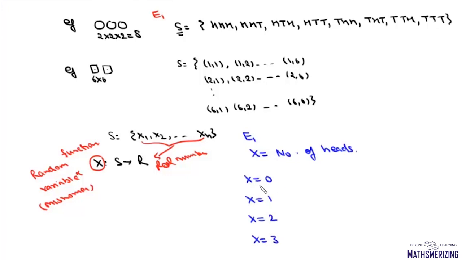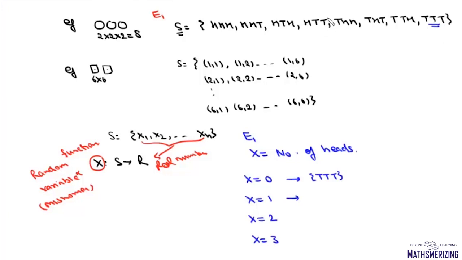Now when X is 0, it means from these 3 coins, we do not get any head. So this value of random variable corresponds to outcome TTT. Now X is 1, that means one of them is head.